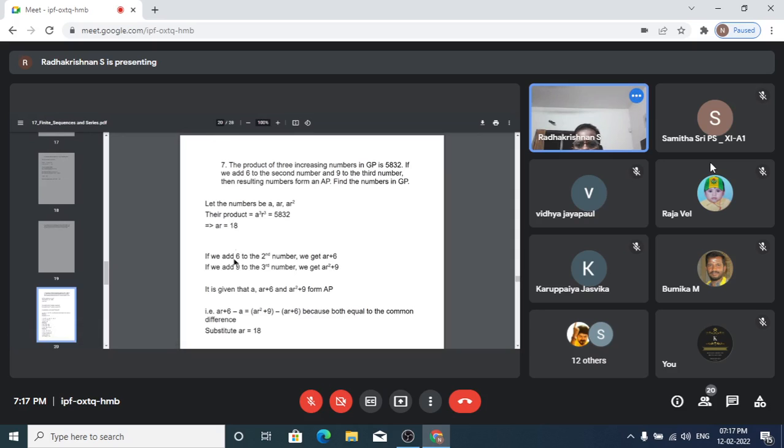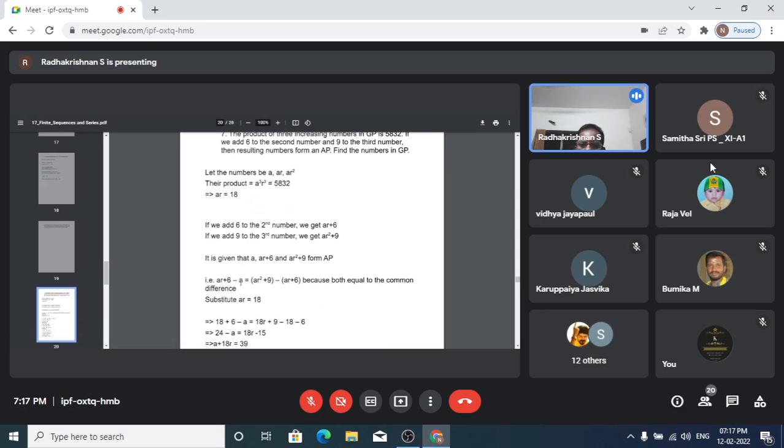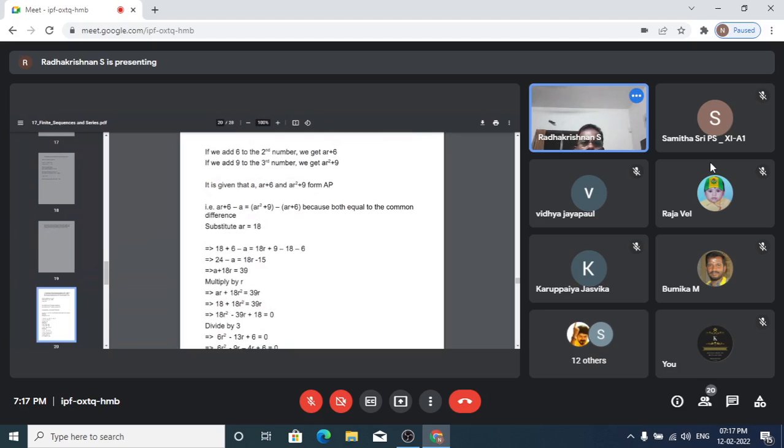That is number 1. Then what else is given? If we add 6 to the second number, we get AR plus 6, right? And then adding 9 to the third number, we get AR square plus 9. It is given that A, AR plus 6 and AR square plus 9 form an AP.